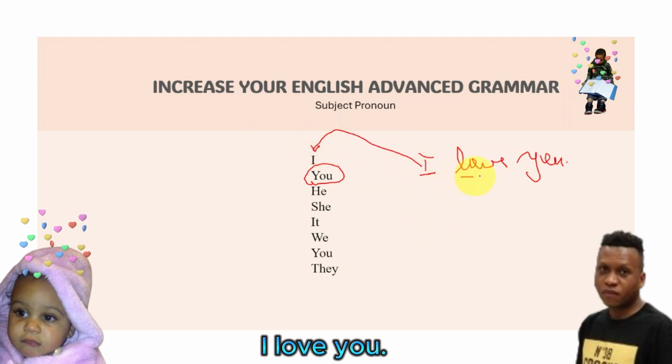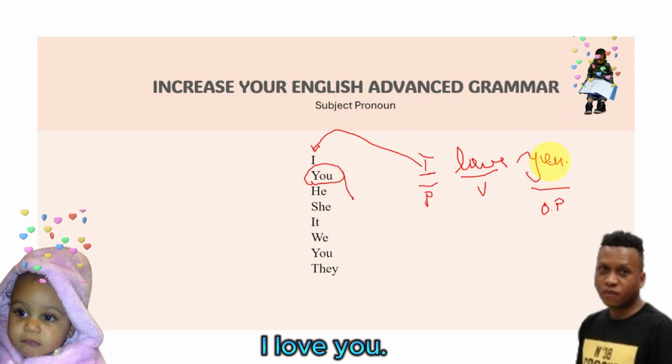Now, love is the verb. This one is the pronoun. Okay? This one is the object pronoun. So if I say, I love you, this one is not this one. It's different. This one is a subject pronoun. This one is an object pronoun.